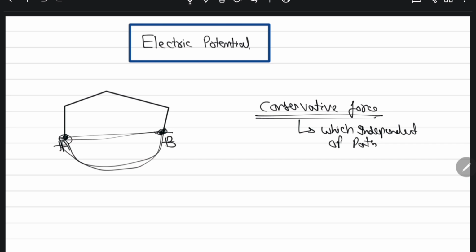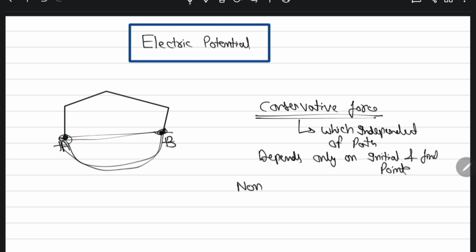So that force we call a conservative force.